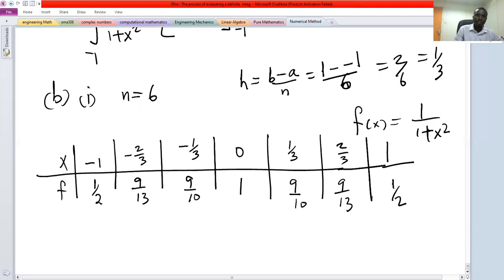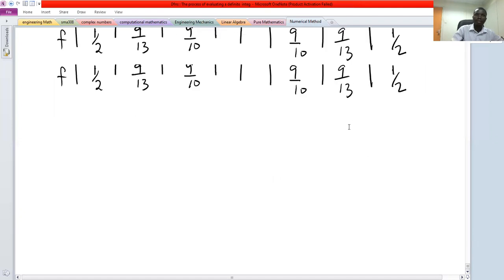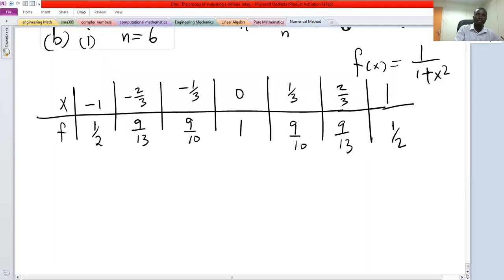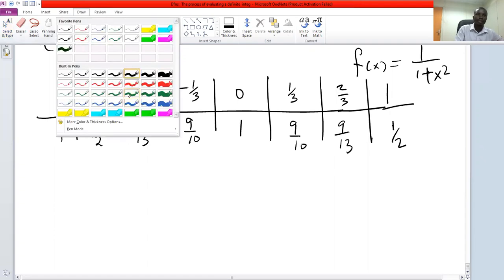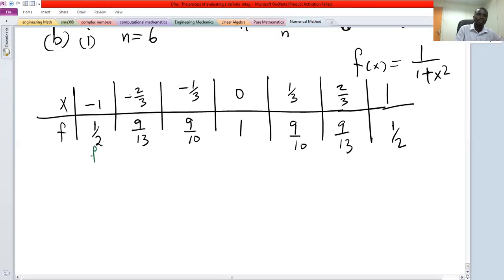Now, once you have this table, you label these values of f as f0, f1, f2, f3, f4, f5, f6.